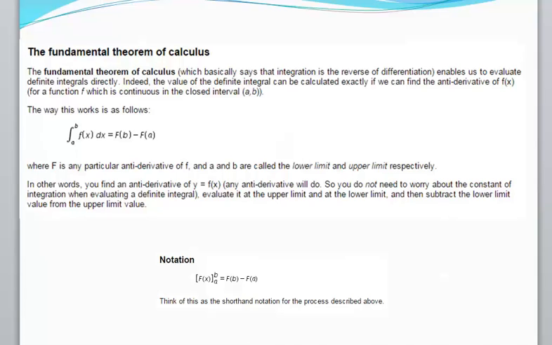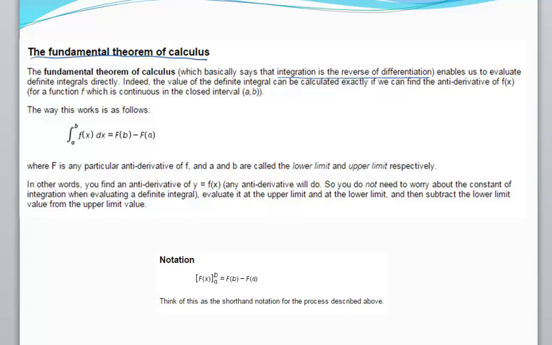Here we look at the fundamental theorem of calculus. The fundamental theorem of calculus basically says integration is the reverse of differentiation. This enables us to evaluate our definite integrals directly.